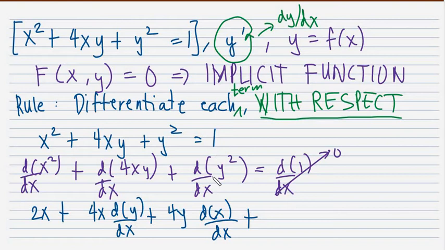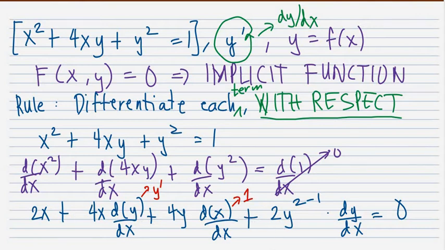Then for y squared, we have 2y, applying the derivative of power formula, 2 minus 1, then the derivative of y applying the chain rule with respect to x, equals 0. Our derivative of y with respect to x will be y prime, and the derivative of x with respect to x will become 1.